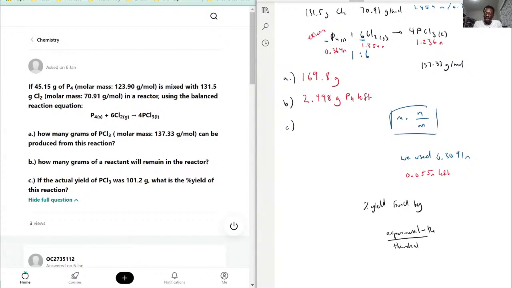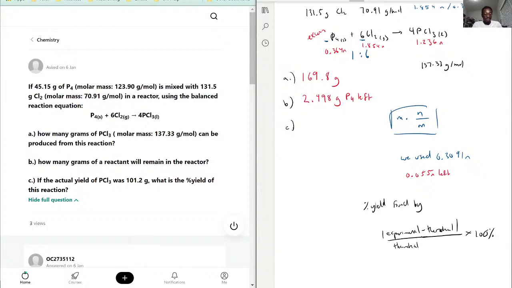Experimental minus theoretical, the absolute value of it, times 100%. So the absolute value difference over the theoretical, which is what we calculated, and then times 100%. So in this case, it's going to be 101.2 minus the number 169.78 divided by, remember it's the absolute, so it's no longer a negative, divided by that much.